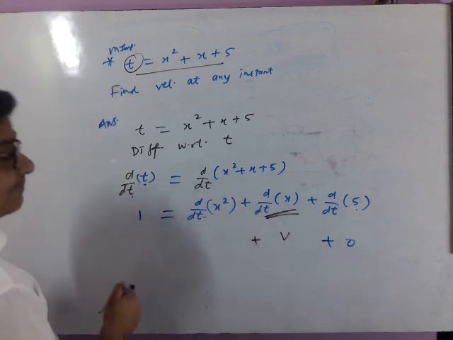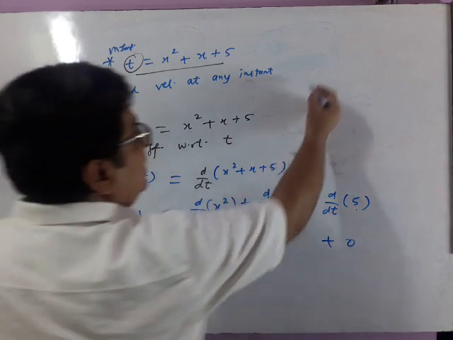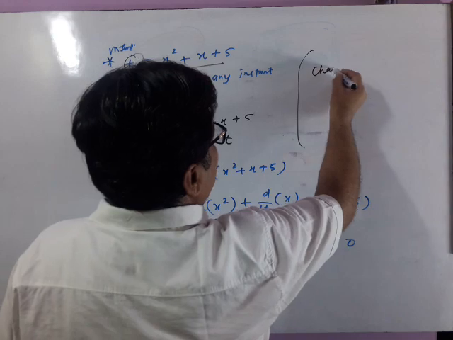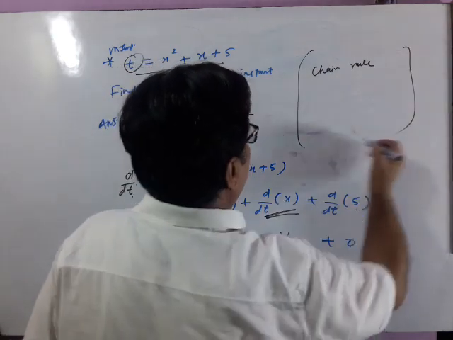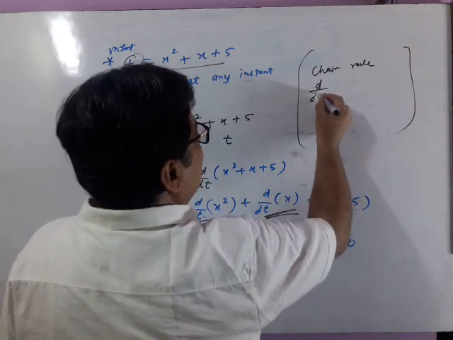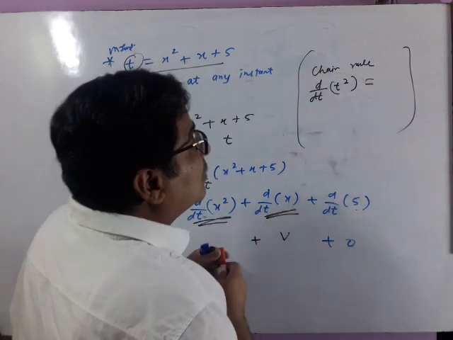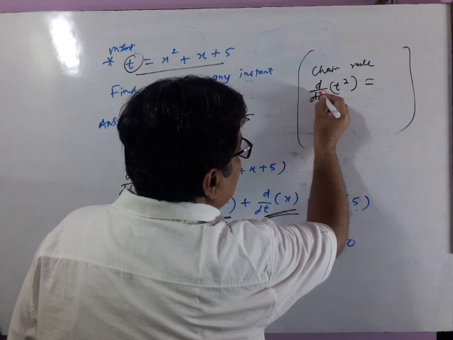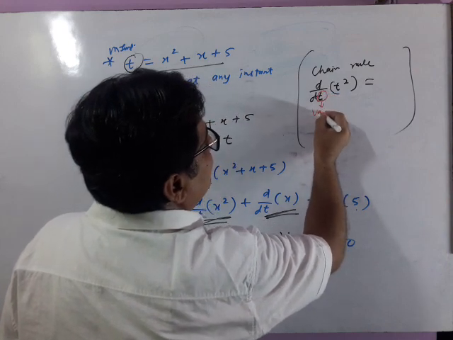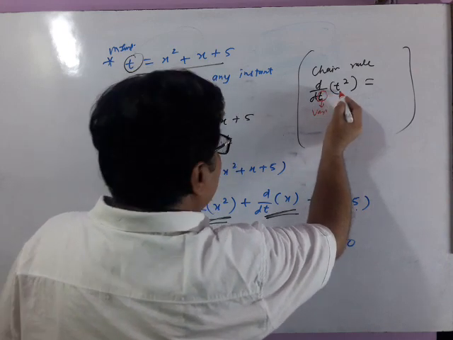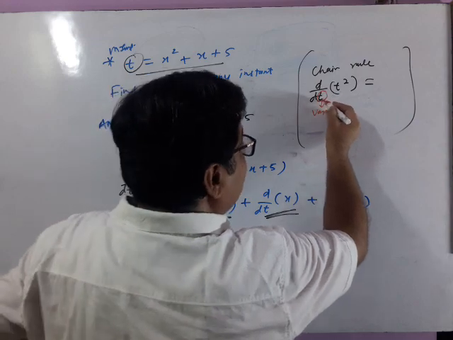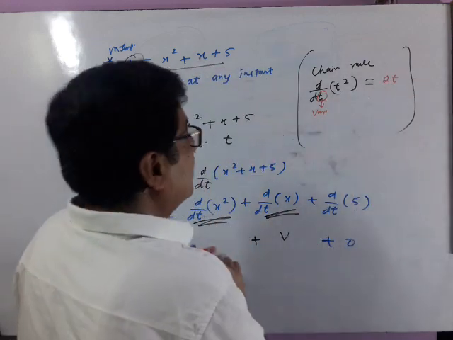Now how to solve this? Breathe in slowly and gradually. See the revision of chain rule. If the question is like this, d by dt of t square, what should be focused? It should be focused what is the variable. The variable is t. Differentiate t square with respect to t. It is 2t.